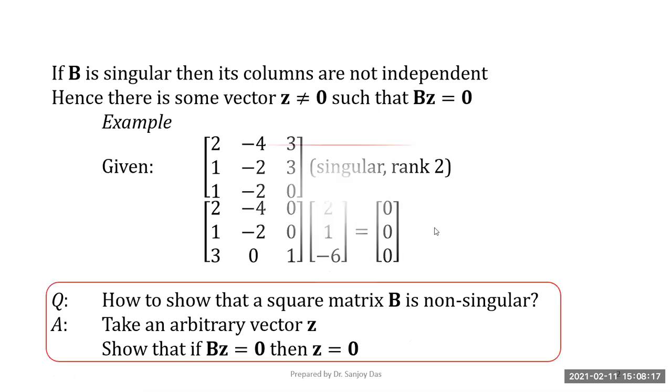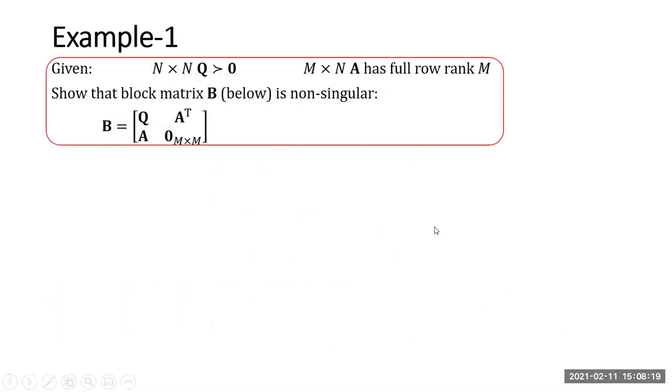We'll use this. Now, this is the first example. We are given an n by n positive definite matrix Q, and A has full row rank m.